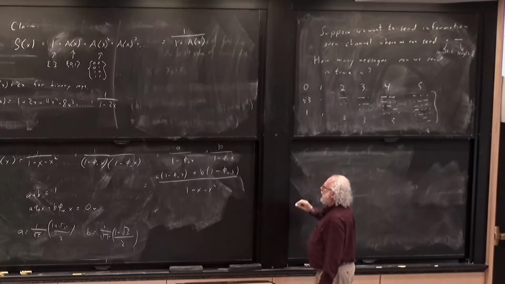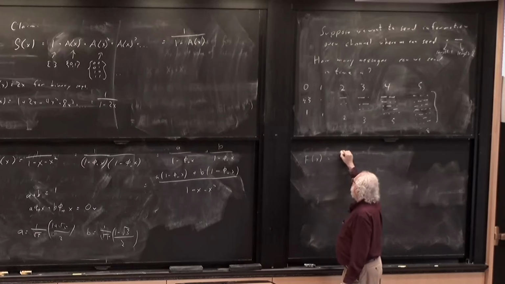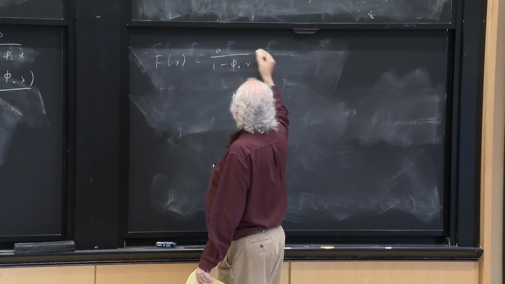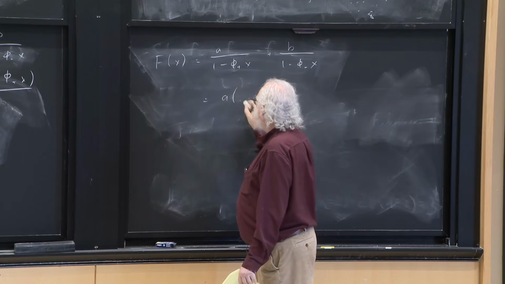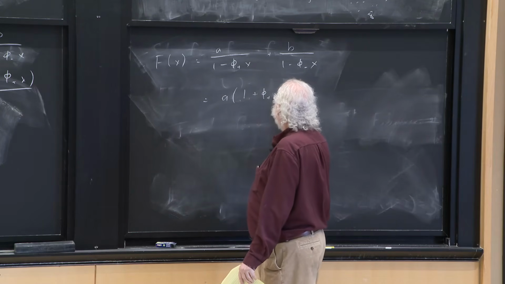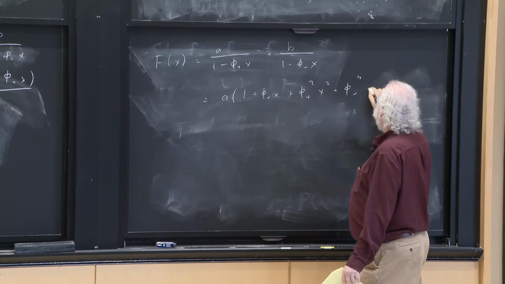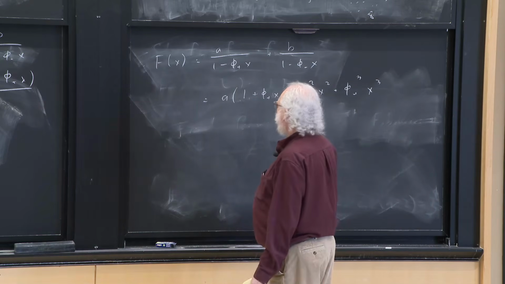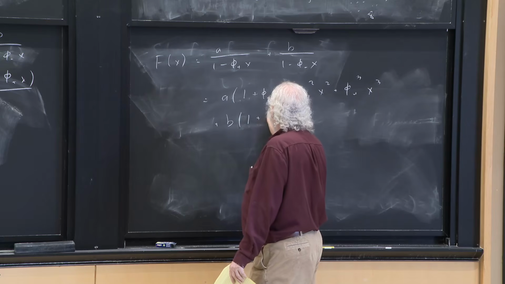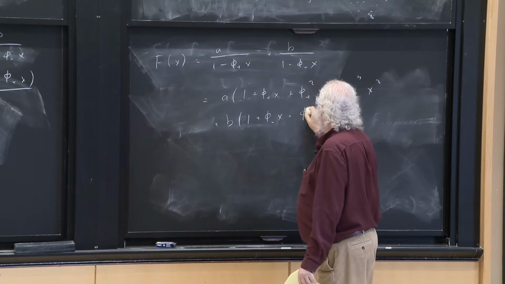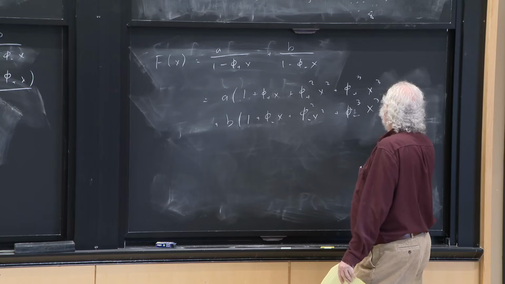So the formula for f, well, f of x equals a over 1 minus phi plus x plus b over 1 minus phi minus x is equal to a times 1 plus phi plus x plus phi plus squared x squared plus phi plus cubed x cubed, and plus b times 1 plus phi minus x plus phi minus squared x squared plus phi minus cubed x cubed plus dot, dot, dot.